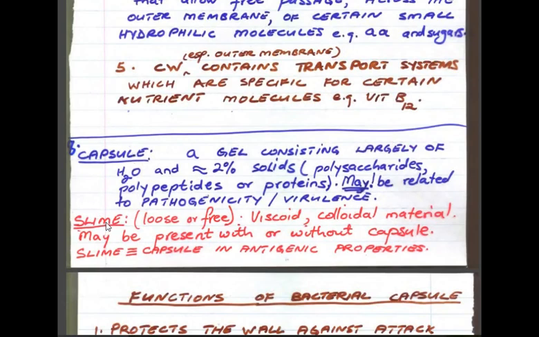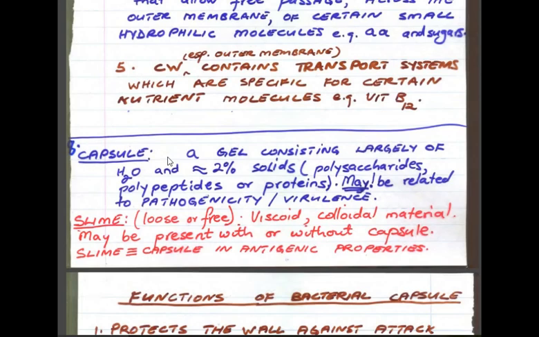Okay. Now, outside of the wall, we have the capsule. Sometimes you find they say we have slime. We call it capsule when it is relatively rigid, and we call it slime when it is loose, or viscoid or colloidal.